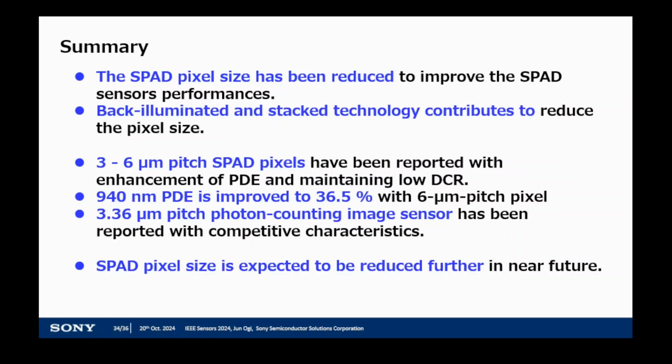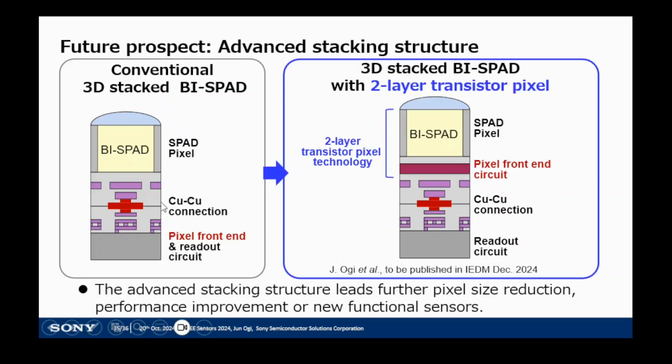Today, I would like to introduce one example of a key technology for further reducing the pixel size. The pixel front-end circuit, which includes the quenching circuit and so on, is now integrated on the bottom tier in the conventional 3D stacked structure.